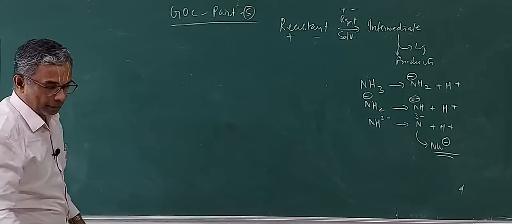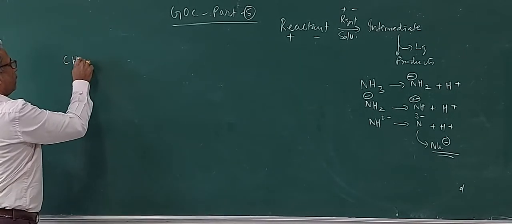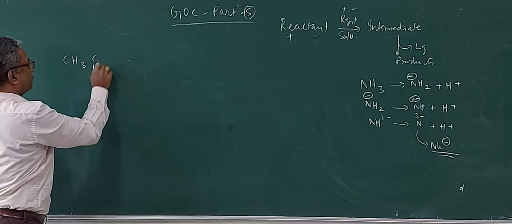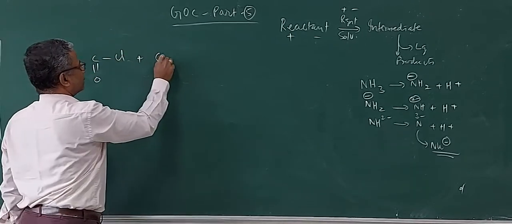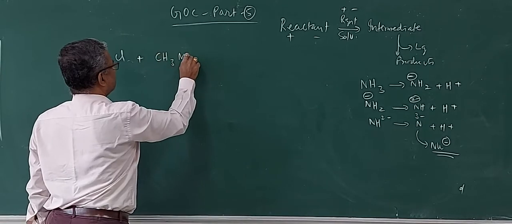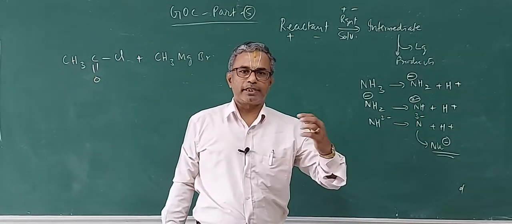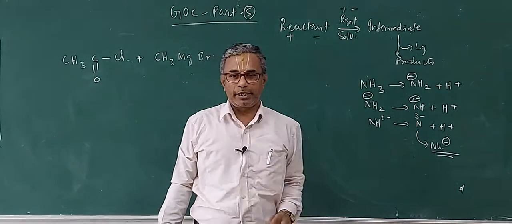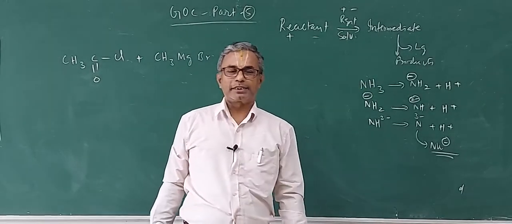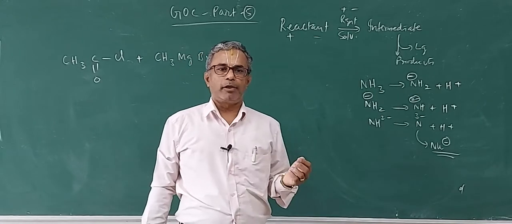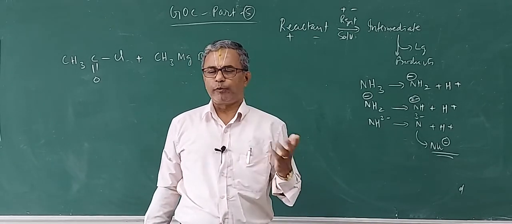Suppose you take, say, acyl chloride in the presence of CH3MgBr. You need to be a little careful in predicting the plus minus in the case of reactant and reagent, because not all reactions follow the same logic. There are one or two variations.